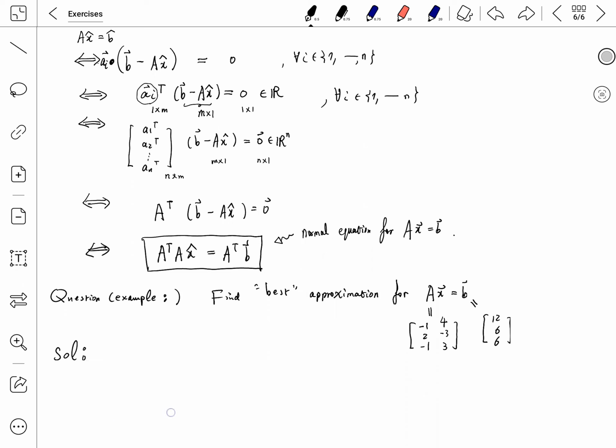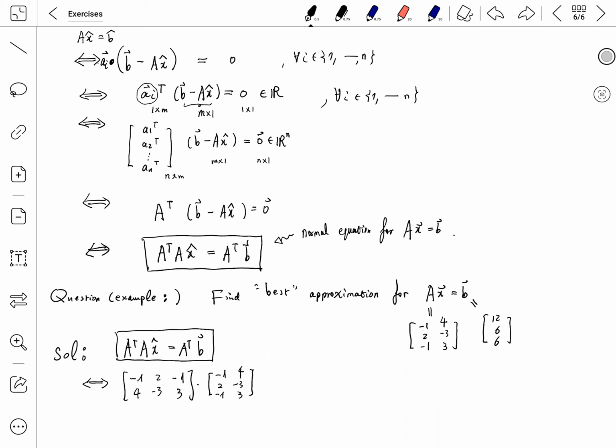Solution. So finding x hat is equivalent to finding the solution for this normal equation, which in our case would be the transpose of A times, matrix multiplication, with A, and then x hat, because x will be 2 by 1, equals again this matrix multiplication.